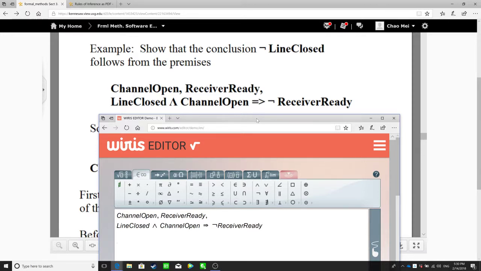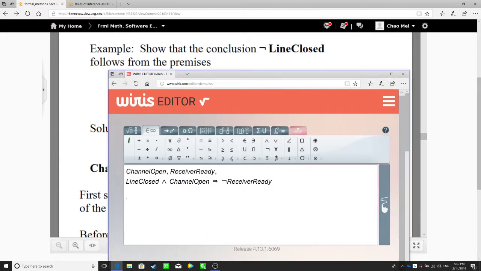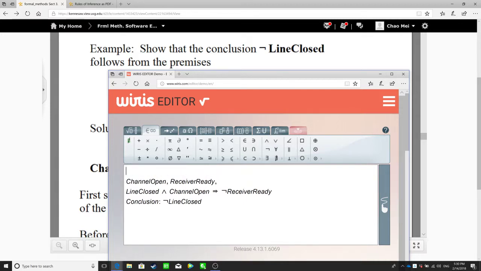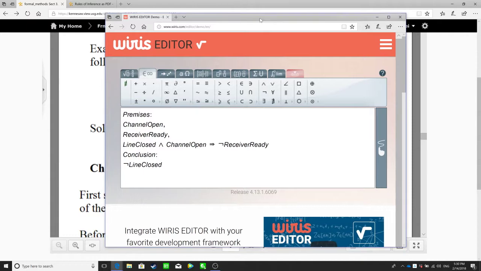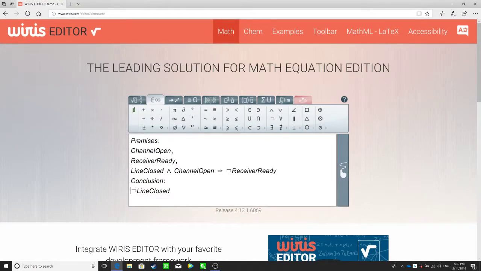Okay, so these are the premises. The conclusion is negation line closed. Okay, so this is the thing we want to do. We want to prove negation line closed.